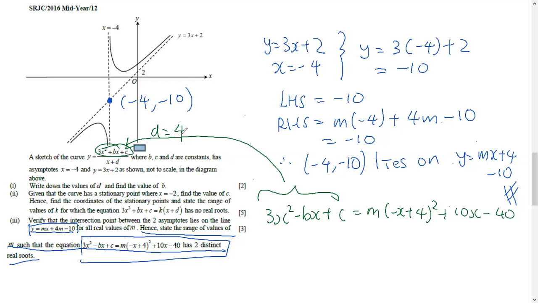Other than that, there are also a few other differences, right? The equation itself is also different. Let me take a look. 3x squared minus bx plus c. Wait, give me a minute.